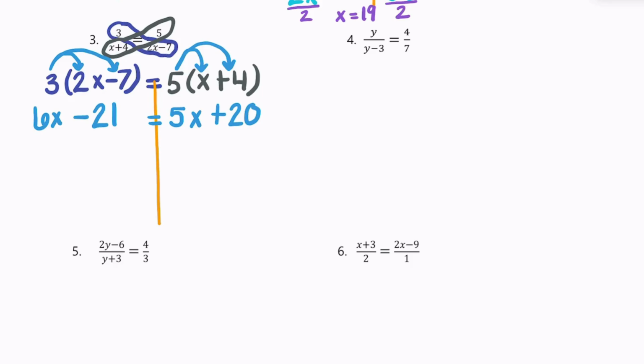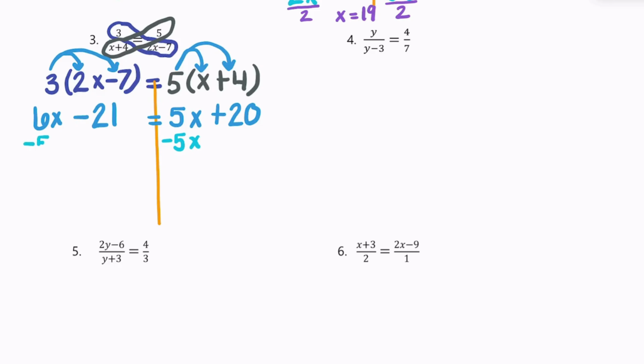Now we have an equation with the variables on both sides. So remember, when you have a variable on your left and right, you want to move them all to the same side. I like to move things over to the left if I can. So I need to take this 5x and move it over to the opposite side. So I'm going to do the opposite operation. And the opposite of a positive 5x is to subtract 5x.